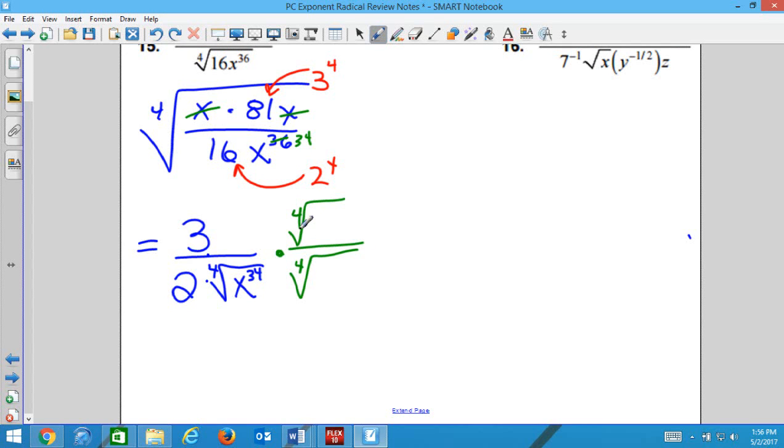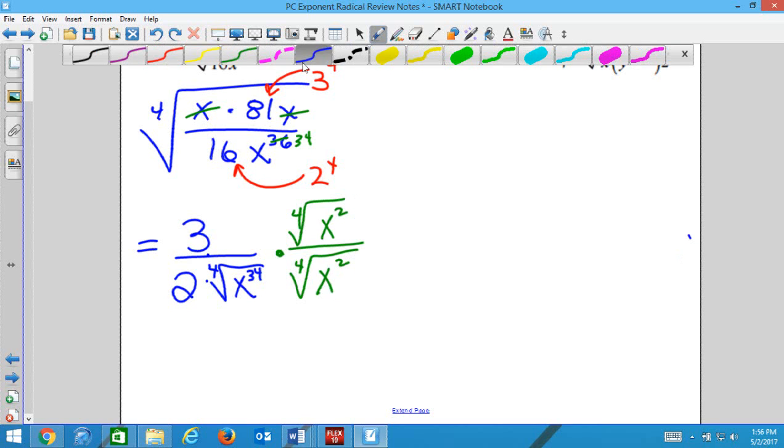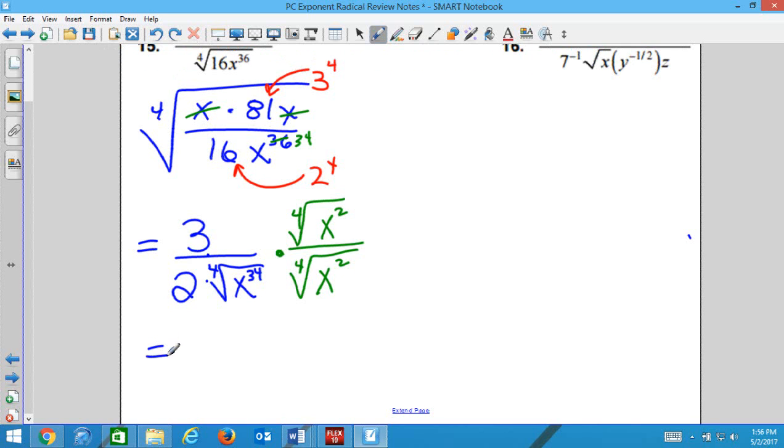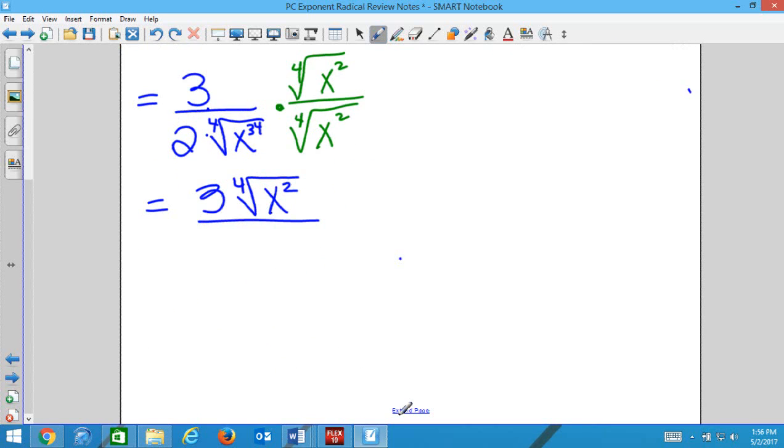How many more x's should I give it so it becomes 36? 2 more. If I give it 2 more x's. So now on top I have 3 times the 4th root of x squared. And on the bottom, I have 2 4th root of x to the 36.